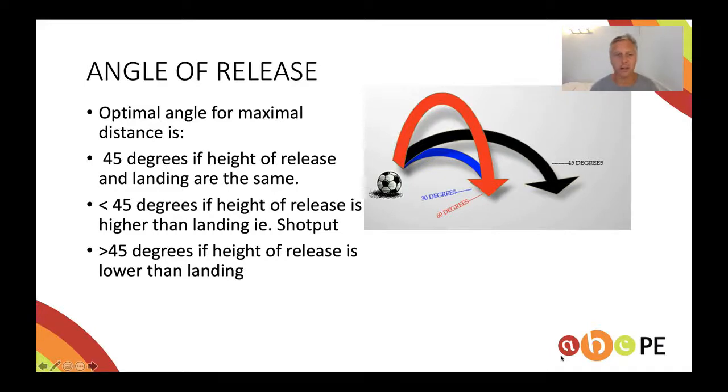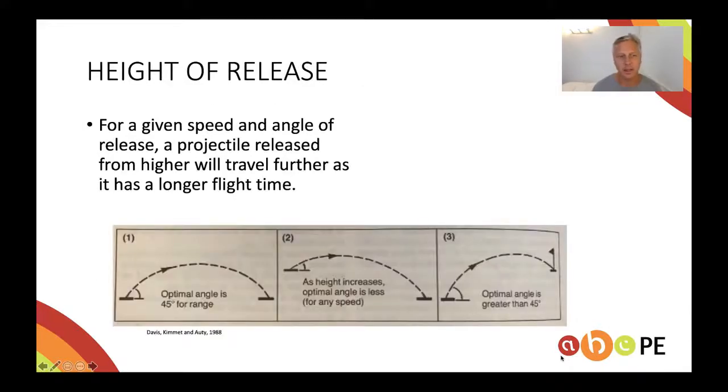And an example of where the height of release is lower than landing could be, for example, in golf. Maybe hitting a wedge shot out of a bunker, and you are going to need to have a higher than 45 degree angle. There's a picture on the next slide that explains that really well.